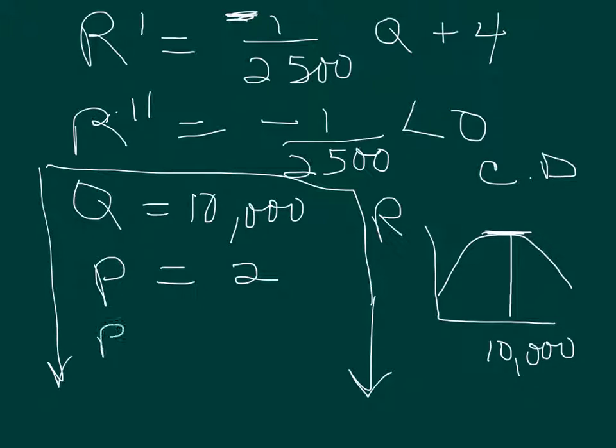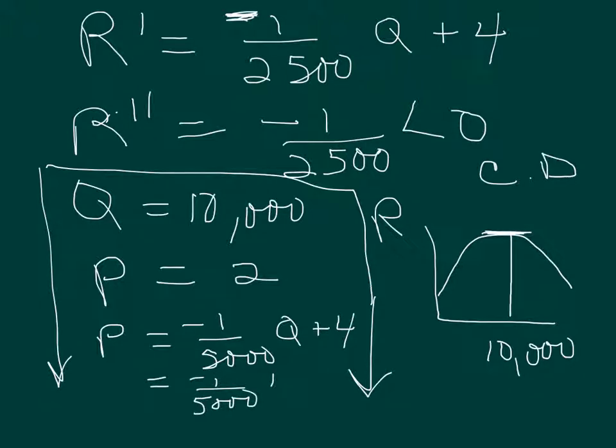Remember that price equals negative 1 over 5,000 Q plus 4. So if you plug in for Q, so this is negative 1 over 5,000, this is 10,000, plus 4, what am I finding? These can cancel, leaving a negative 2 behind.